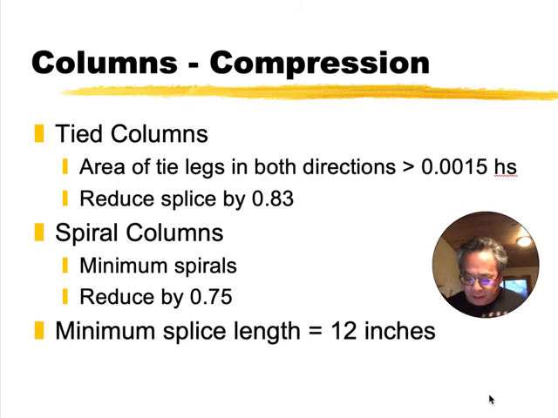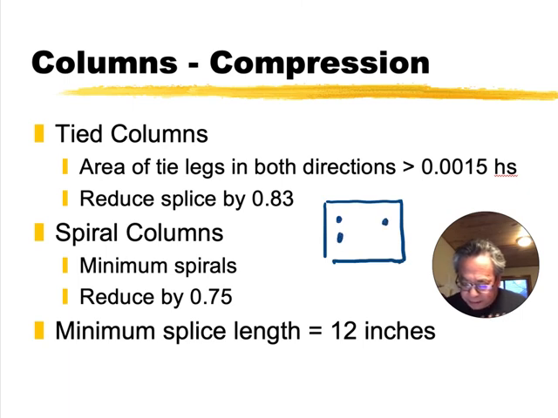So you have a column that looks like this, and you have some bars that you're trying to splice, and you have a tie like this. This is a rectangle, so it has different heights, H1, H2. S is the spacing.